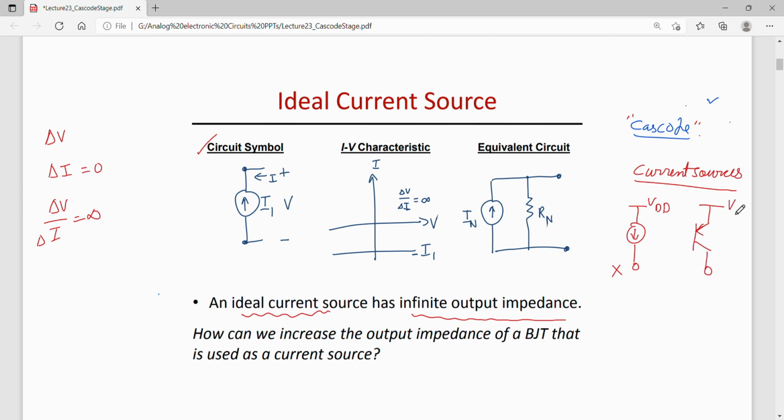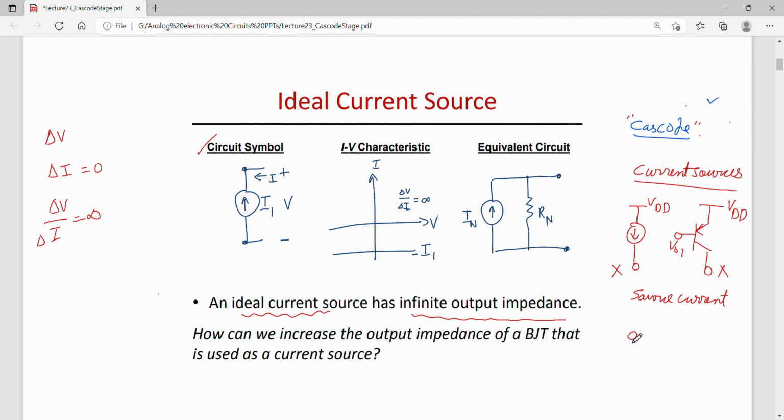It can pick current from VDD and supply it to node X. So this PNP can be used to source the current. We called it that we are sourcing the current from here to here.